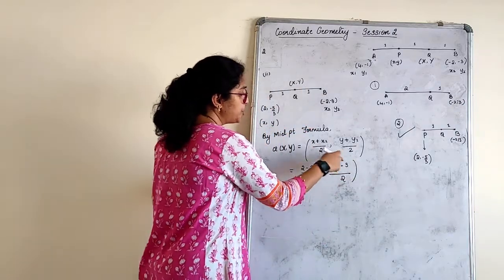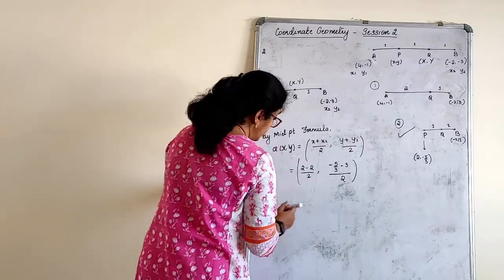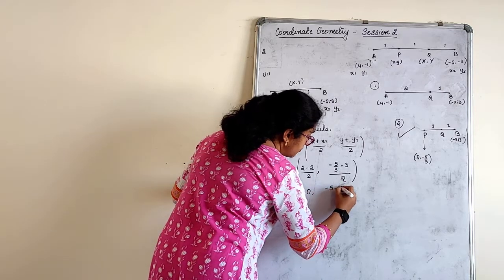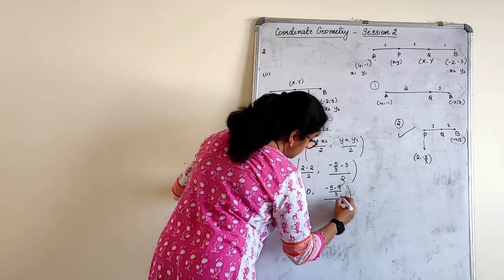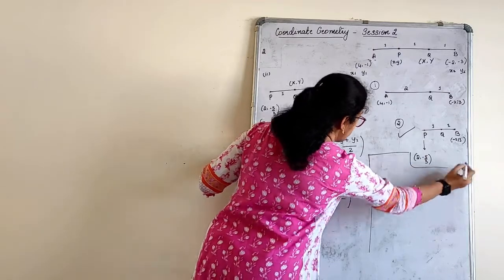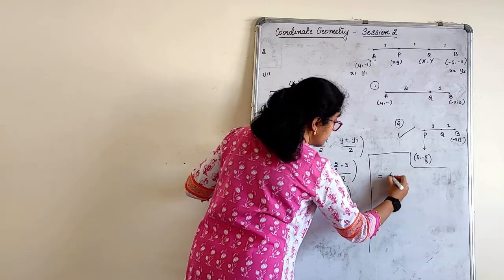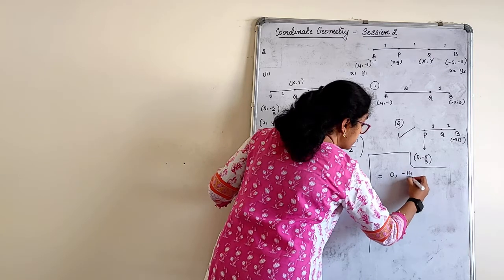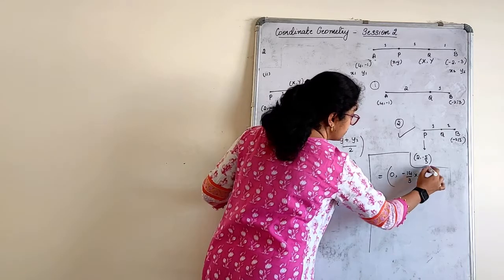If you want, you can finish taking the LCM here and then handle the whole denominator part. The first part is anyhow 0. So here it's going to be (minus 5 minus 9) divided by 3, whole divided by 2. Very clear on this part? I'll do it here. 0, comma, minus 9 minus 5 is minus 14 divided by 3, into 1 by 2, reciprocal.